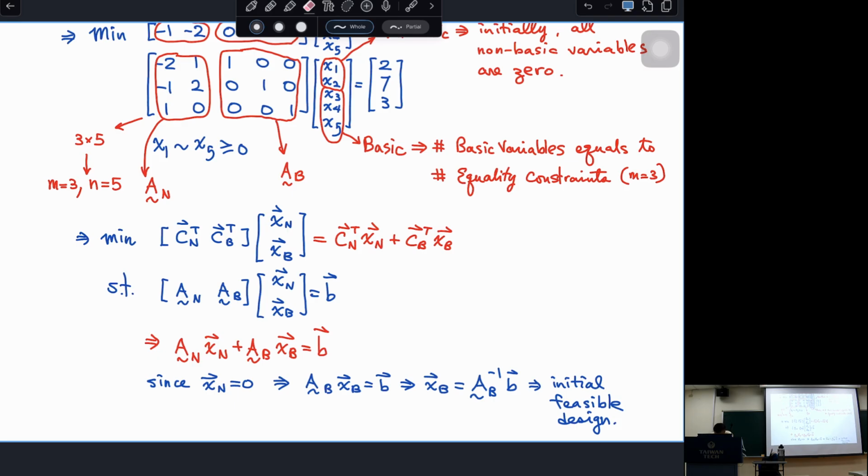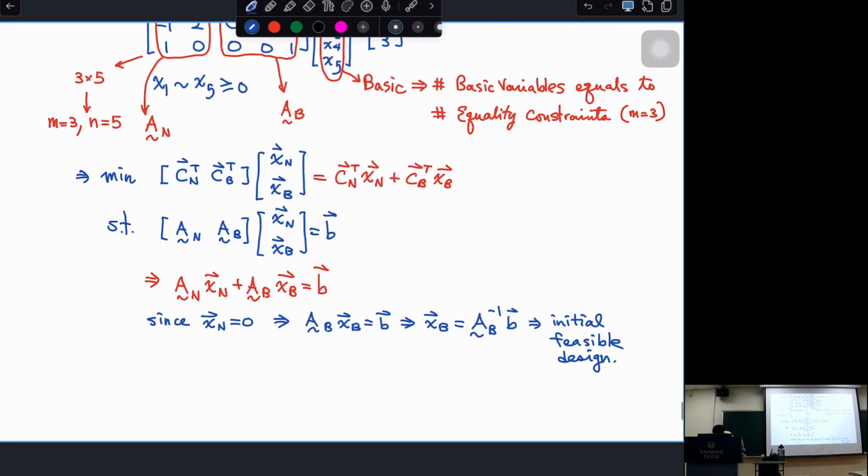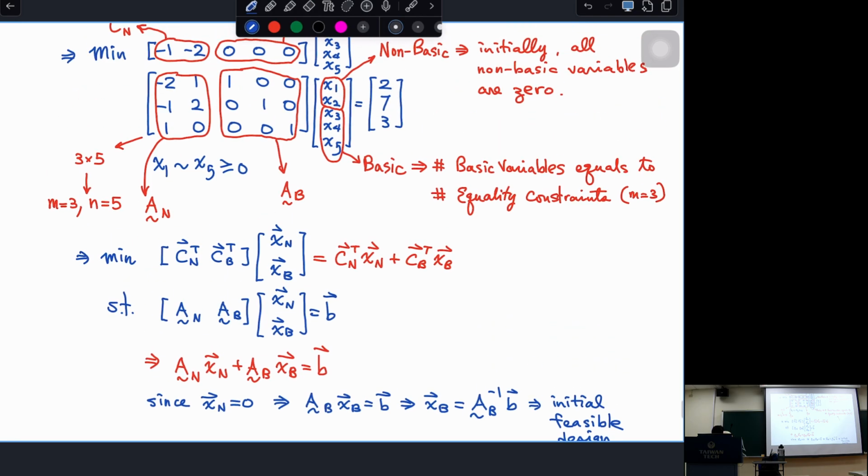In this particular case, x1 and x2 equal 0. And you can solve for this. It equals 2, 7, and 3.